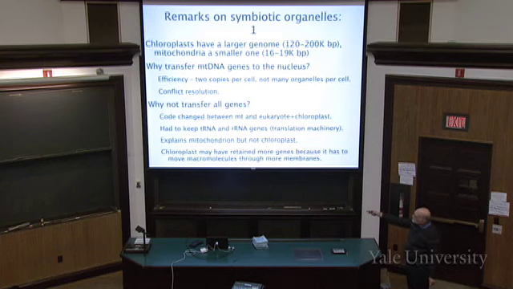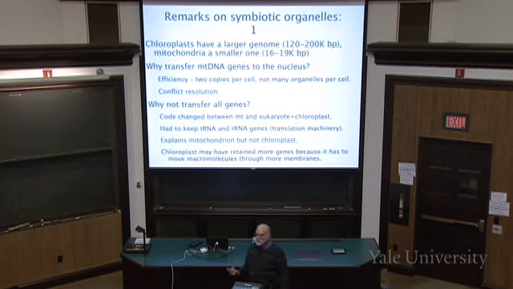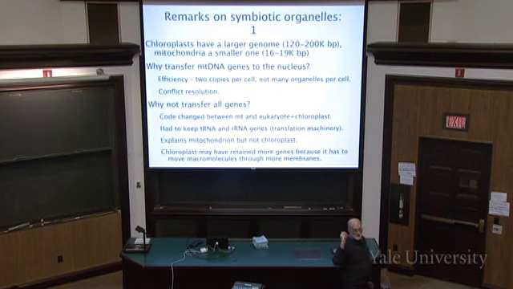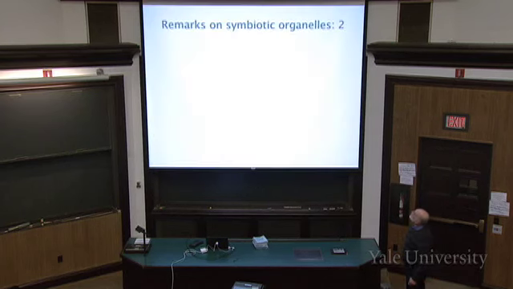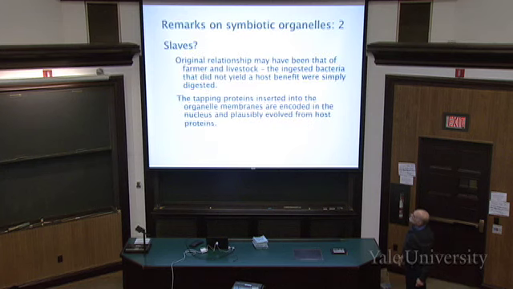It looks like the chloroplast retained more genes because it has to move macromolecules through more layers of membrane. Remember, the world record on a chloroplast is that it has 4 membranes around it, and all chloroplasts have 2 membranes around them. So it's harder to move big molecules through them, and if you need them to make the chloroplast function, you have to make more of them locally. So that's probably one reason for the retention of more genes in the chloroplast genome than in the mitochondrial genome.